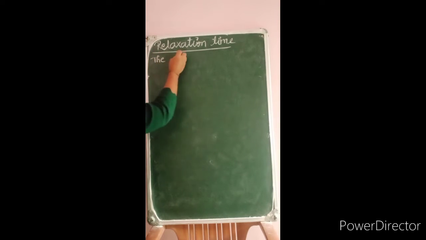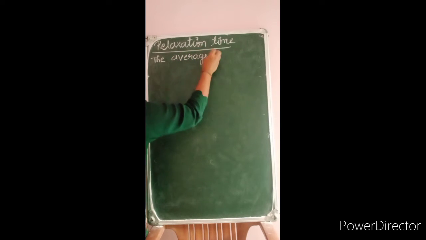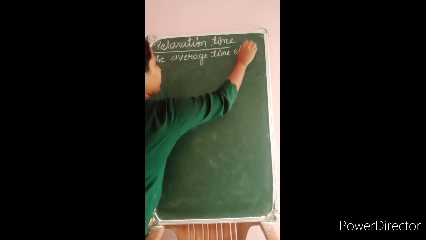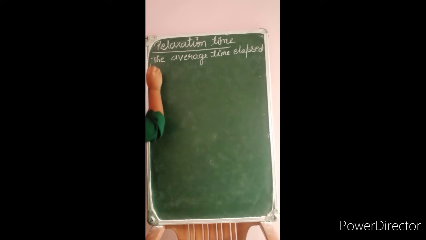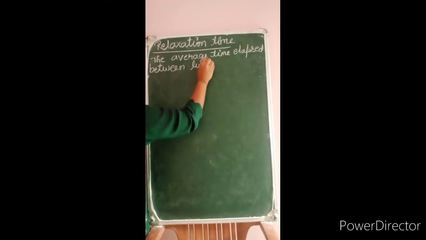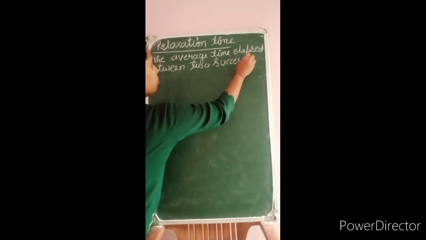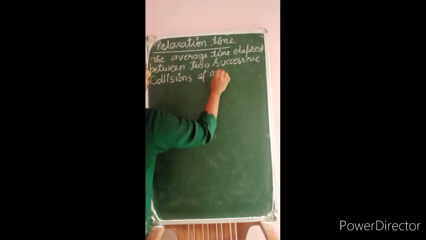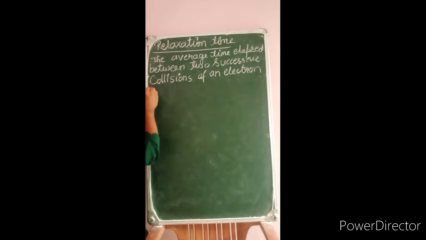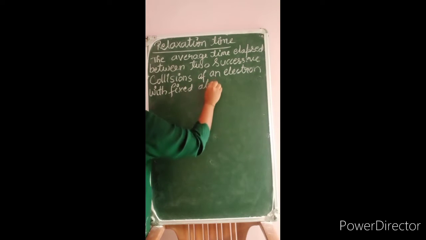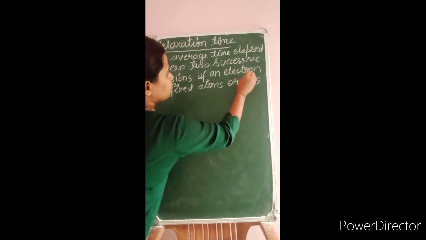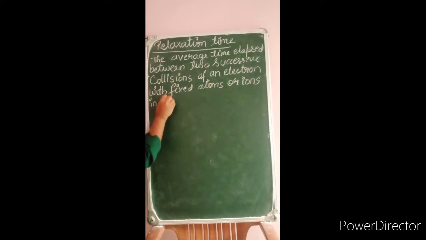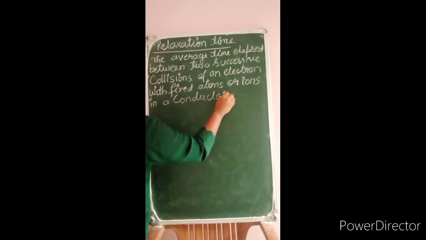It is nothing but the average time elapsed between two successive collisions of an electron with fixed atoms or ions in a conductor. That is how you define the relaxation time.